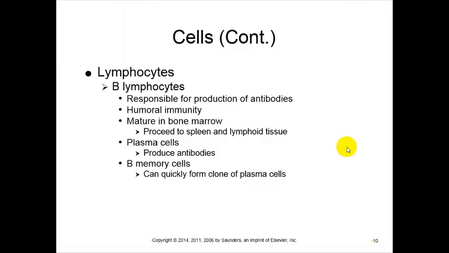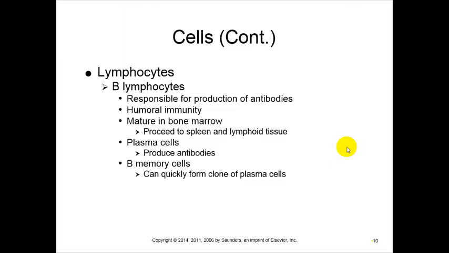That's why they're called B. And then they proceed to the spleen and lymphoid tissue, where they remain until they come across an antigen. And once they are presented with the antigen, then they begin producing those antibodies. Once they produce those antibodies, they are called plasma cells.